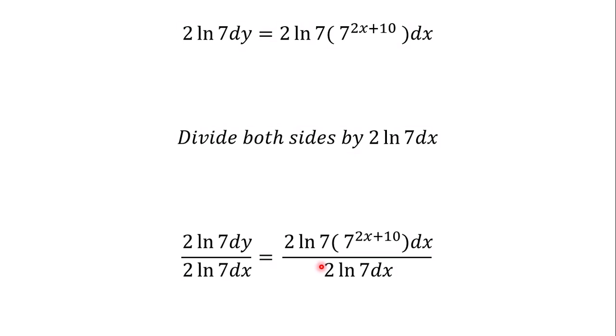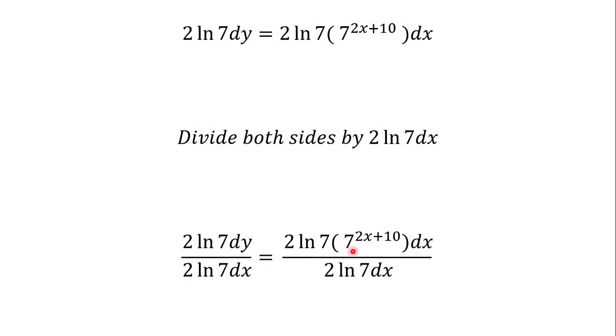Now let's come to the right hand side. dx is here and also another one is here, so this and that will cancel out, and also we have 2 ln 7 here and another one here, so this and this will also cancel out and we are left with 1.